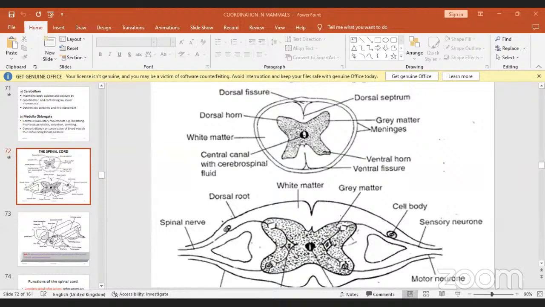So you talked about some hormones and their effect on growth. I would like you to remind me of some of the hormones you talked about and their effect on growth, and especially on the exoskeleton. Somebody? The ecdysone hormone, which facilitates molting.